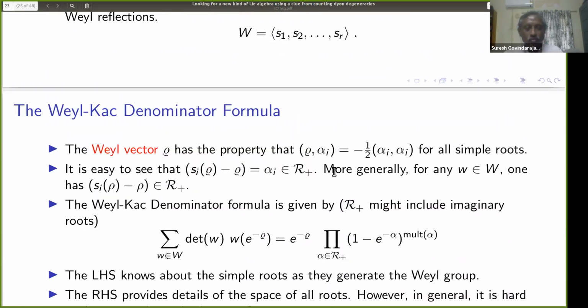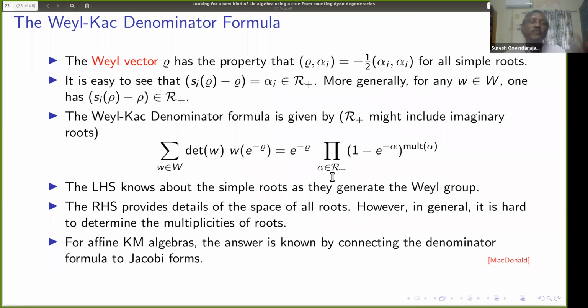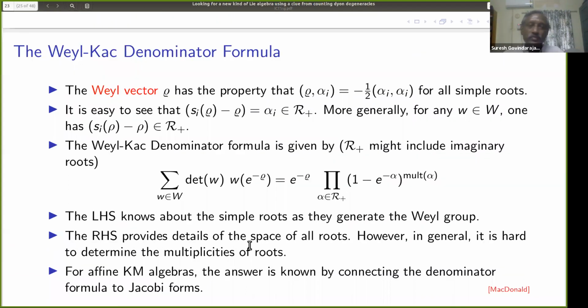Okay, so I need some more definitions. There is something called the Weyl character formula, which tells you what the character of any representation is, highest weight representations, for instance. One ingredient there is a Weyl vector, and in your standard course in SU(N), etc., rho will be written as half of the sum of all the positive roots.